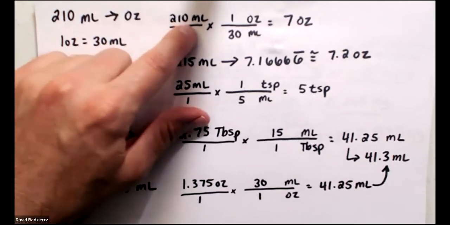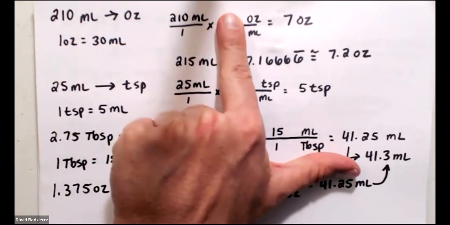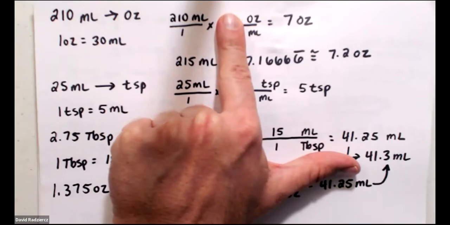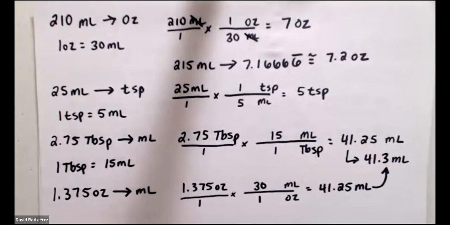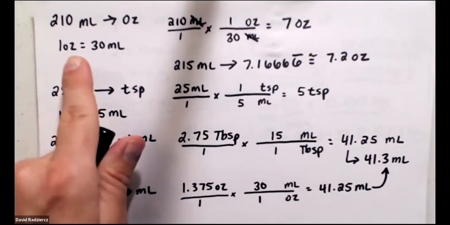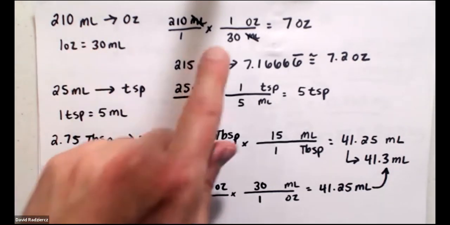When I write it out, you might notice that I write the units before I write the numbers. The reason I do that is because it helps me make sure I'm setting it up properly, where I cancel out the units. And then I just use my conversion factor that I've memorized.